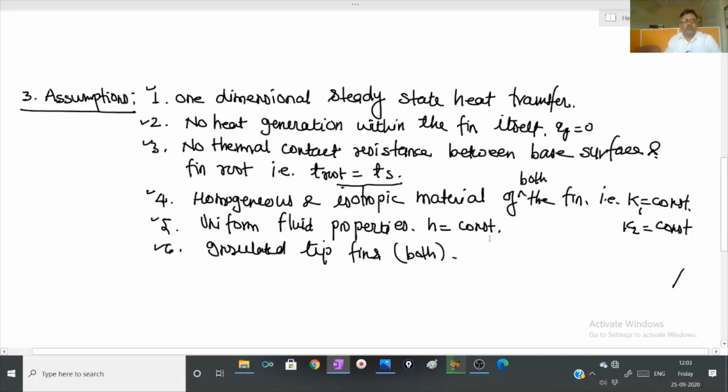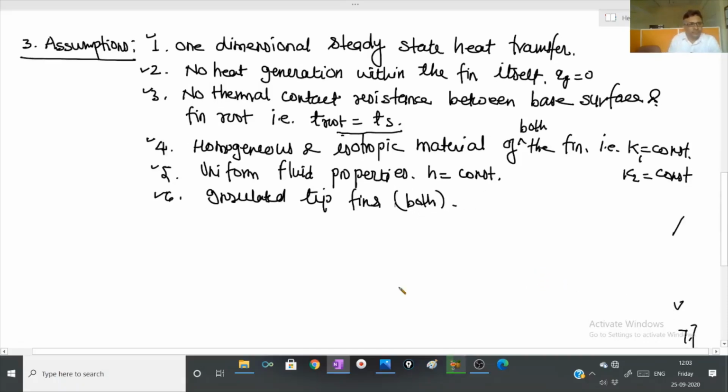So these are the required assumptions. Let us enlist what is to be found out. In this problem, we are supposed to calculate the thermal conductivity of the second material.